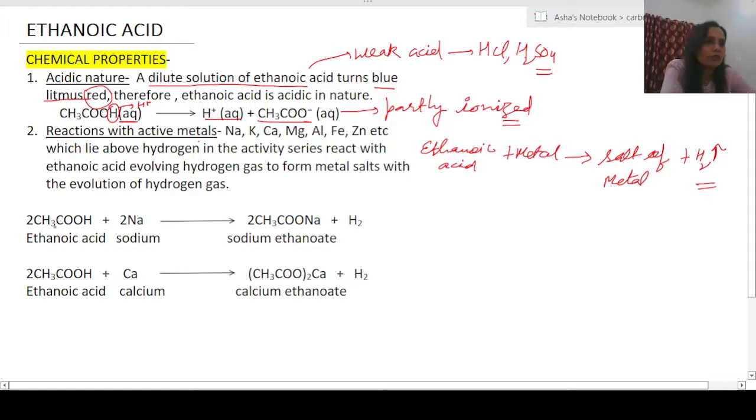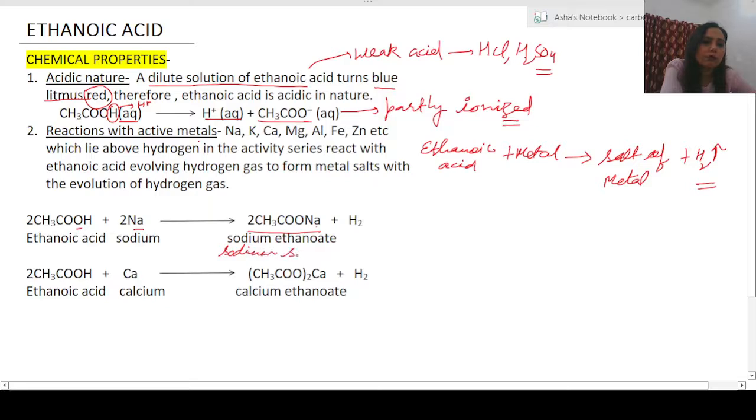An example is written here. Ethanoic acid, when it reacts with sodium, gives you sodium ethanoate, plus H2. You can simply write sodium salt also, that is also correct. If you cannot remember this name, you can simply write sodium salt.